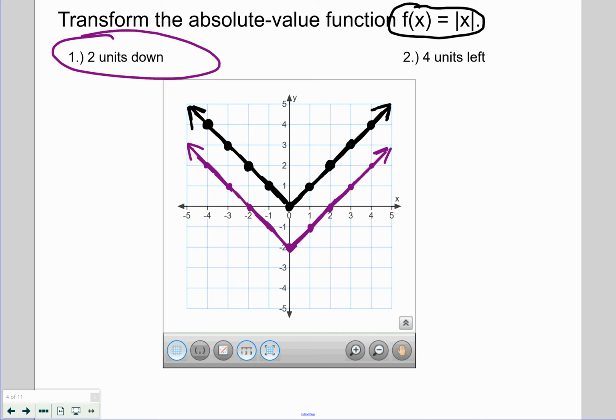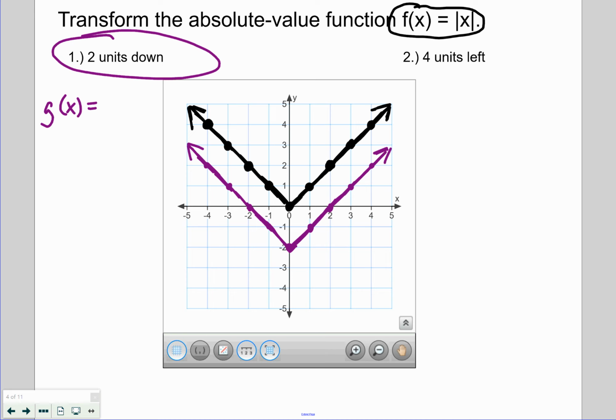Now, once you graph it, I want to make sure you know what it looks like if I were to actually give you the function. Do you remember how our parent function is f of x? I'm going to use g of x for this one that's 2 units down, because f and then g in the alphabet. Now, what way did we move for the purple one? We went 2 units down.